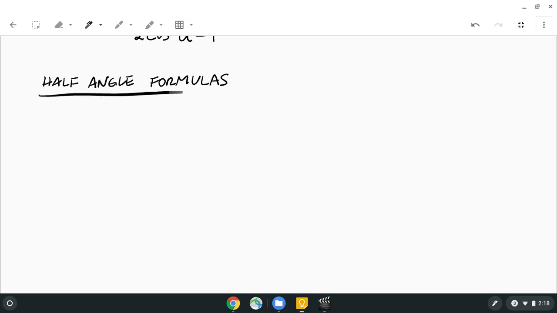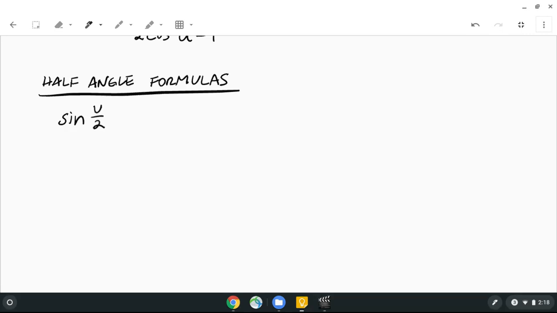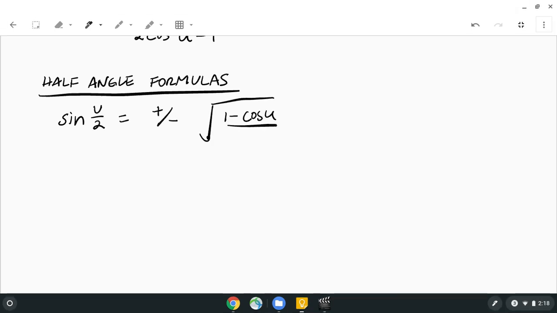So we have one for sine half angle, and that is going to equal positive or negative, not both, positive or negative square root of 1 minus cosine u all over 2.